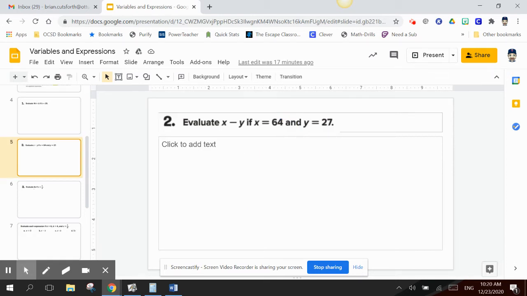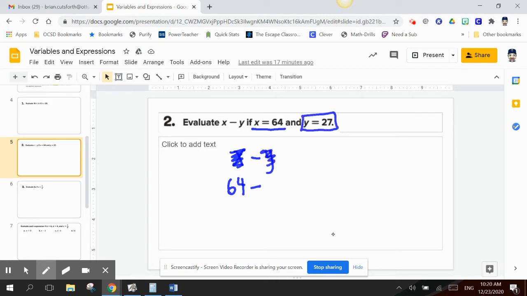Let's look at this expression, x − y, if x equals 64 and y equals 27. So again, I write my expression, x − y. I'm going to take out my x variable; x equals 64. So I take out the x and put in 64. Minus y. Well, y is 27.